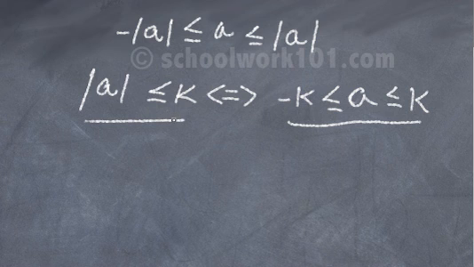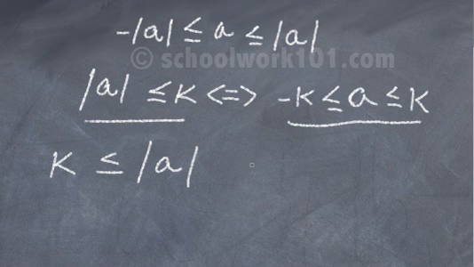Okay, let's see. We have K is less than or equal to the absolute value of A. And this is an if and only if.